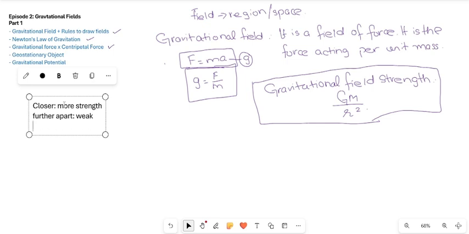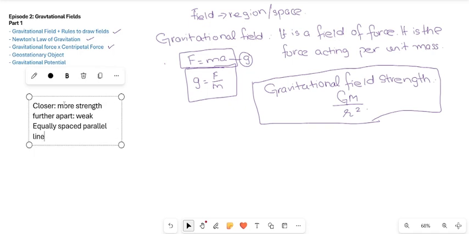If they have equal distance, equally spaced parallel lines, it means they're uniform. Number 4, they have to be drawn perpendicular to the surface, and they do not cross over.